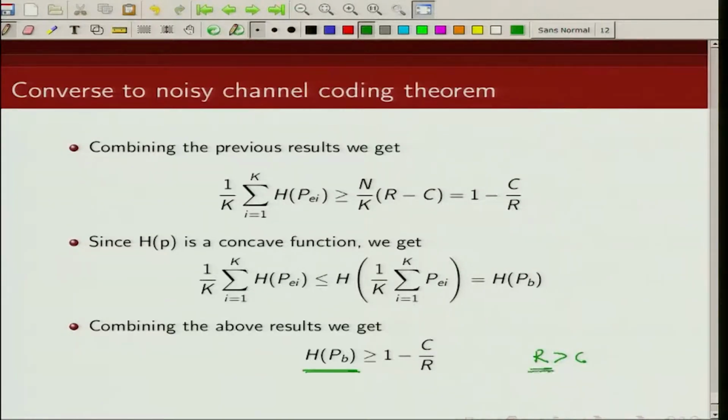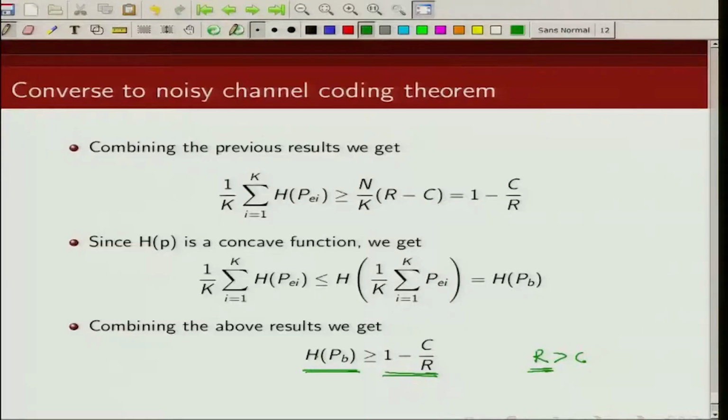So when R is greater than C, this is a non-zero quantity. So the probability of error cannot be 0. So if we try to transmit at a rate above capacity, our probability of error will be non-zero. So this proves the converse of the noisy channel coding theorem.